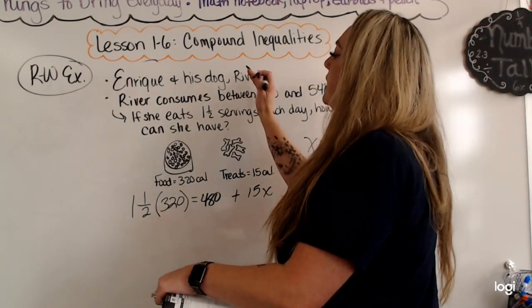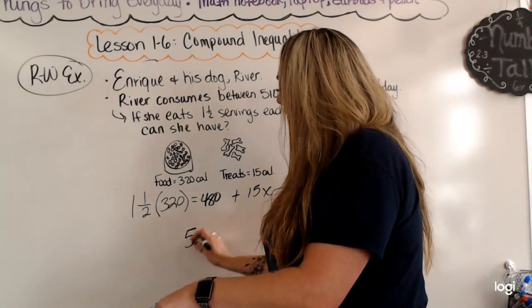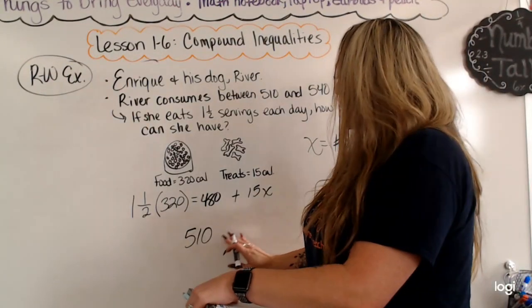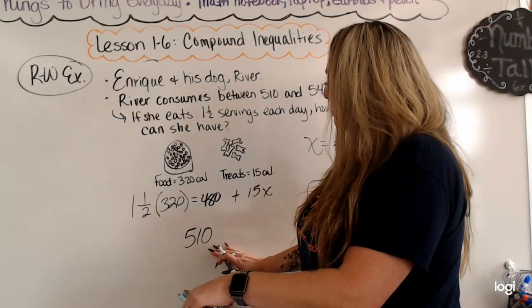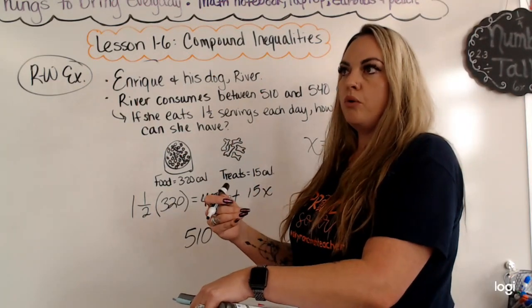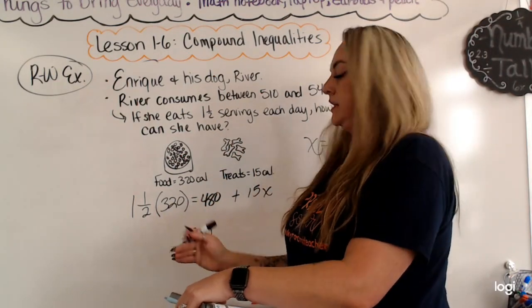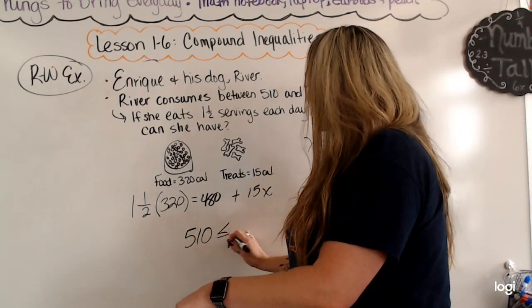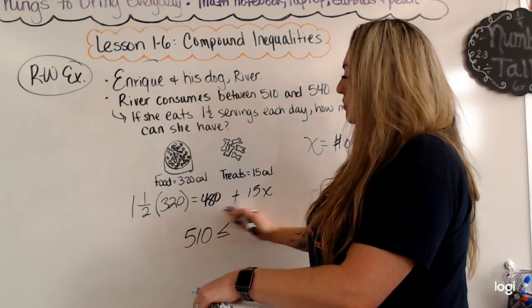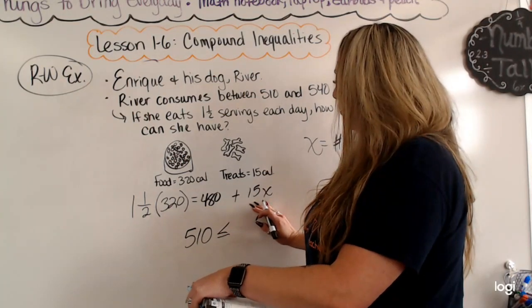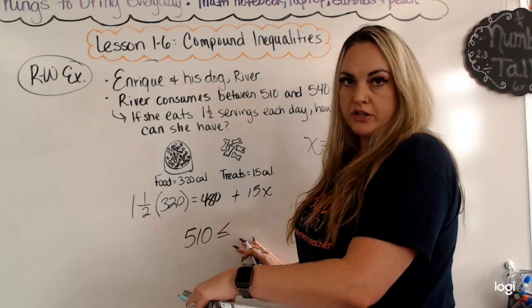Well, thinking about it as an inequality, we know that the minimum amount of calories is 510, and that amount needs to be less than or equal to, right? Because this is the lesser amount than 540. So less than or equal to this expression right here. We don't know what X is yet, and we can't solve for it until we have something to compare it to.